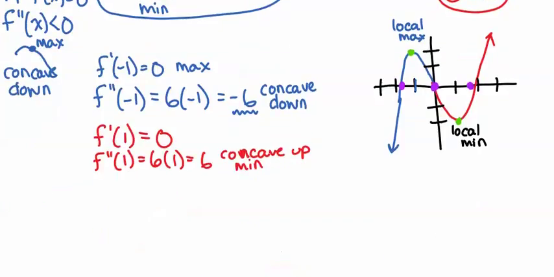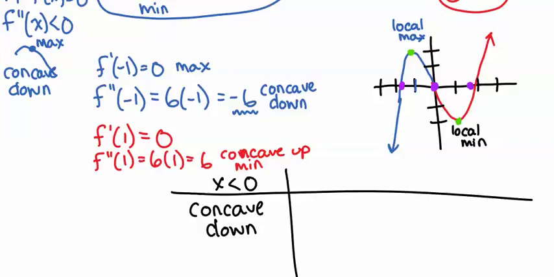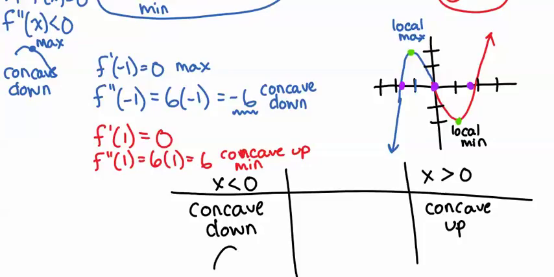So another thing we want to add is when our graph goes from concave down, when x is less than 0, then when x is greater than 0, it goes concave up. So it's just the shape of the graph. It goes from concave down to concave up.